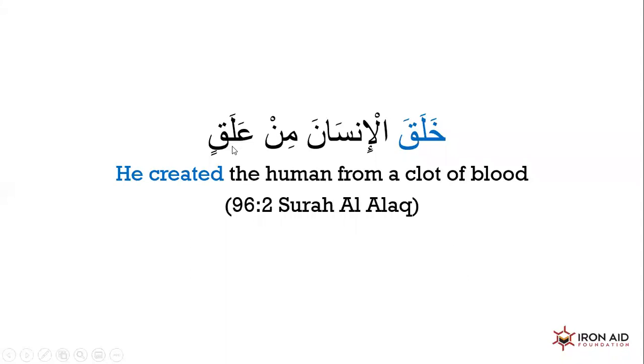And therefore this is the ism majroor, and the word that comes after a preposition is always in the majroor case, and it will have a kasra or kasratain. So khalaqa, created, al-insana, human. Why does it have a fatha? Because it's the maf'ul bihi, the object. Min alaq, from a clot of blood. So he created the human or mankind from a clot of blood. Surah Iqra.